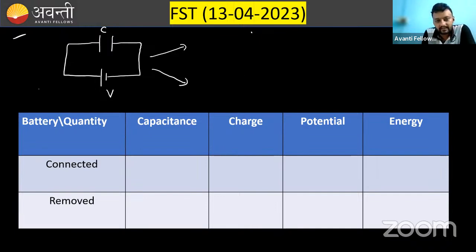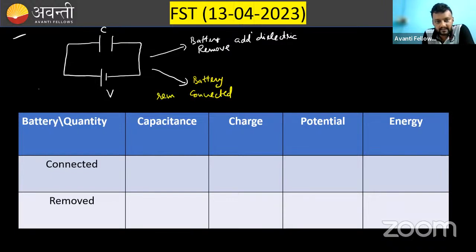The next situation is that the battery remains connected and they will add dielectric.